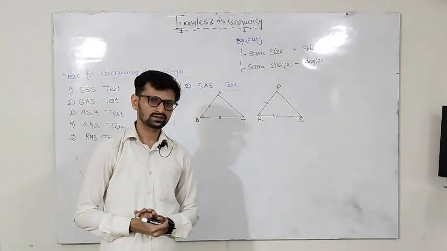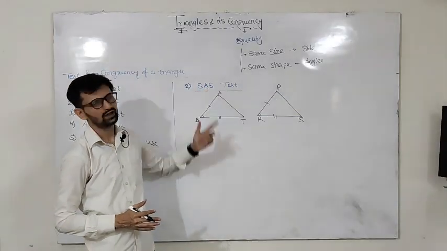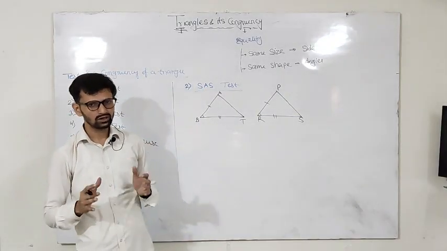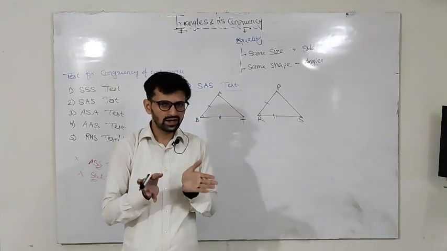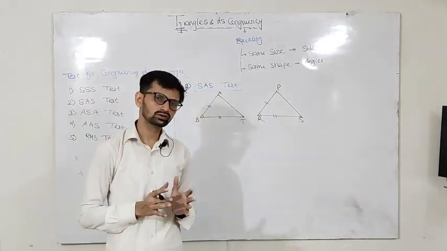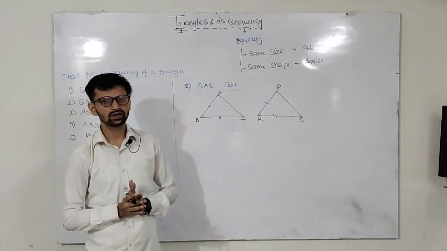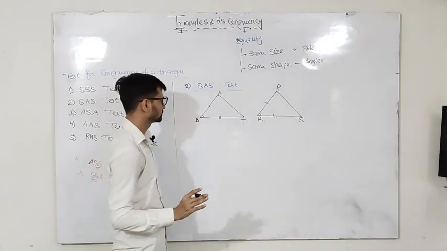Now look at the second test, SAS test. S stands for side and A stands for angle. If two sides and the angle between them of the first triangle are congruent to the corresponding sides and angle of the second triangle, then these two triangles are said to be congruent.